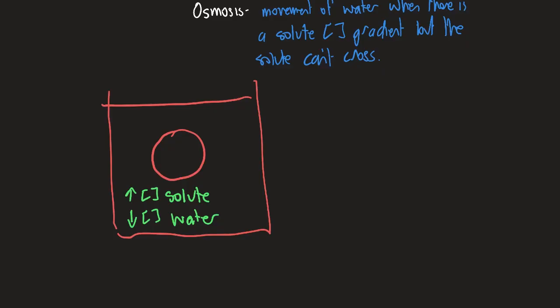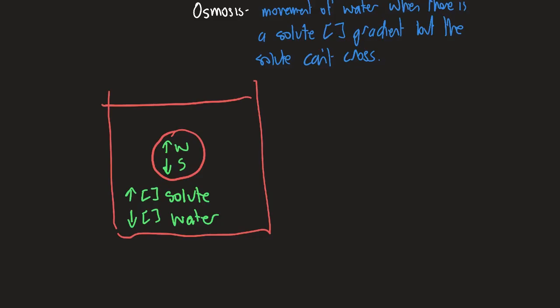Inside the cell, it's the opposite, so we have high water and low solute. Now the solute can't move, so the water moves from an area of high water concentration to an area of low water concentration.